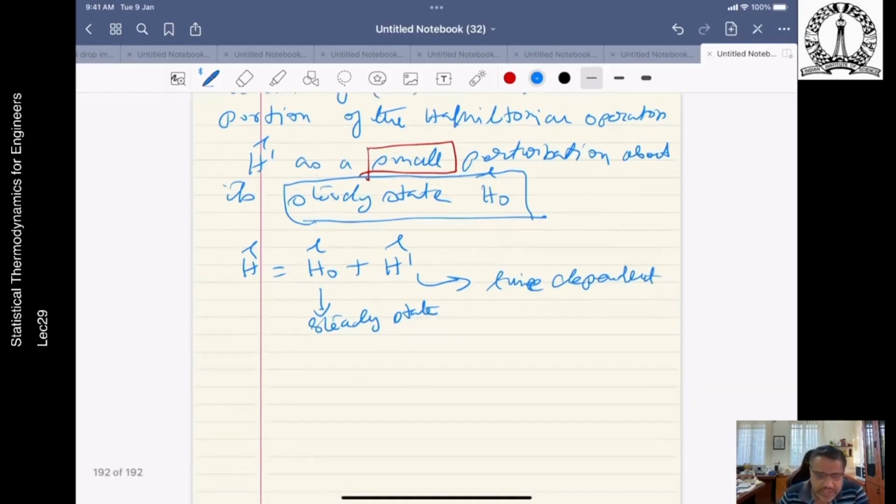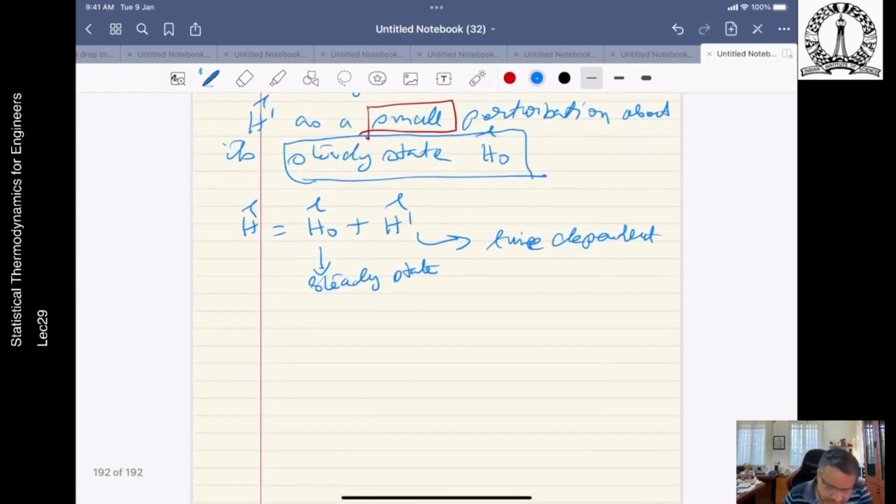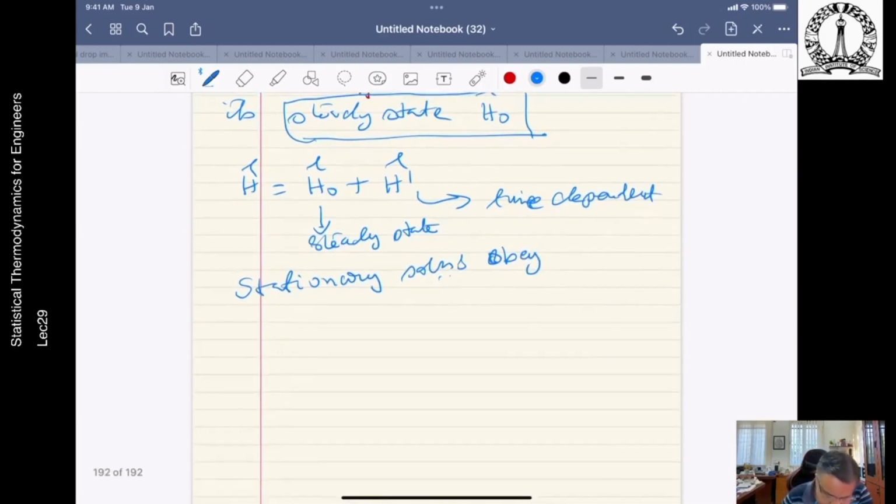Okay, so the stationary solutions obey H naught psi n is equal to i h bar d psi n by dt.